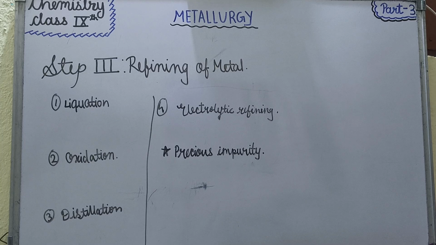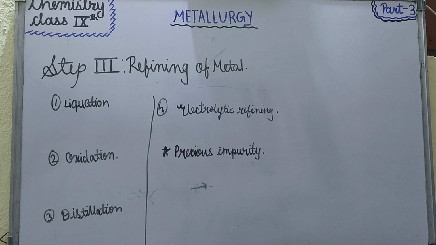So let us revise the extraction of pure metal from ore. Ore has two types: dressing, in which crushing is the first method and second is grinding. Ore gives powdered ore, which goes to concentration. Concentration's first method is gravity separation, second is froth flotation, and third is magnetic separation. Then we get concentrated ore.